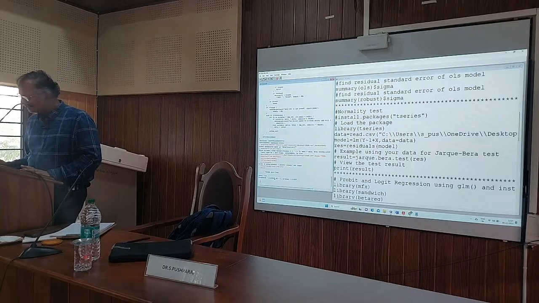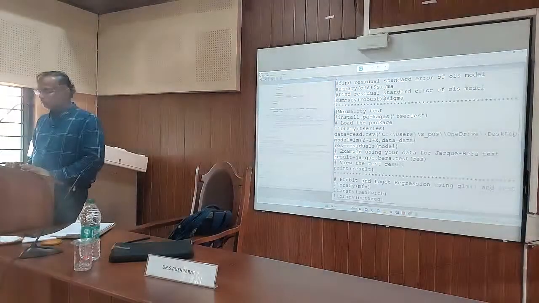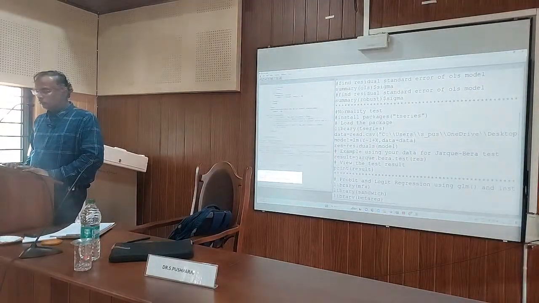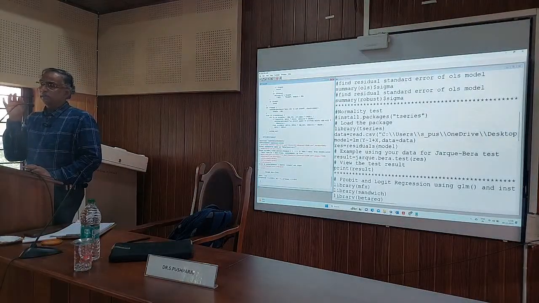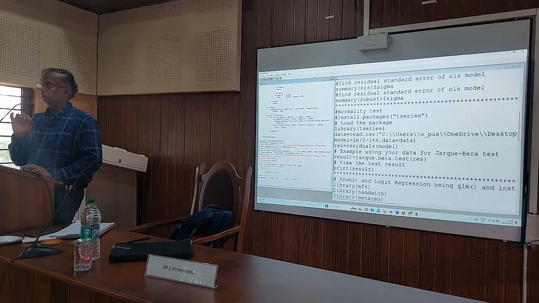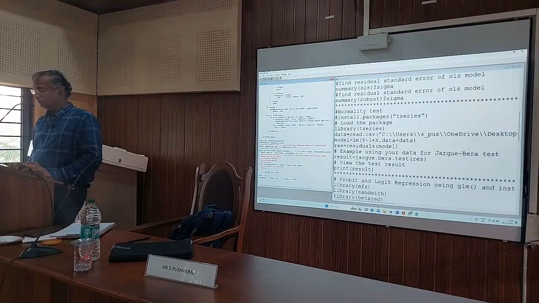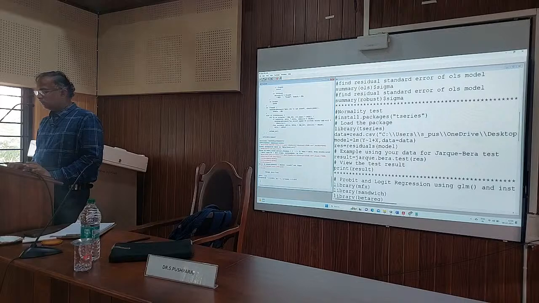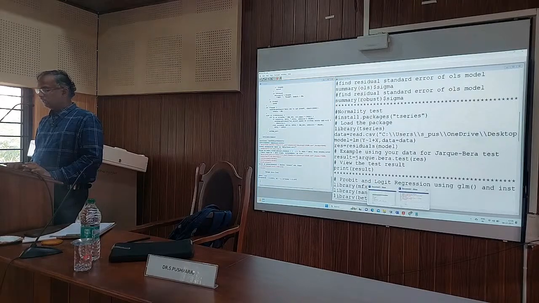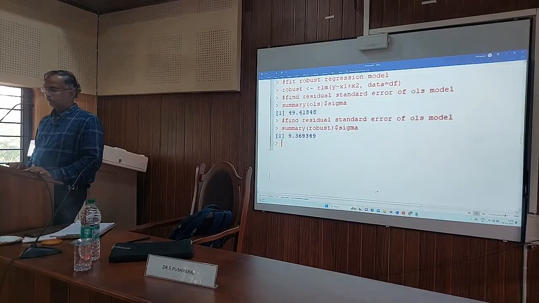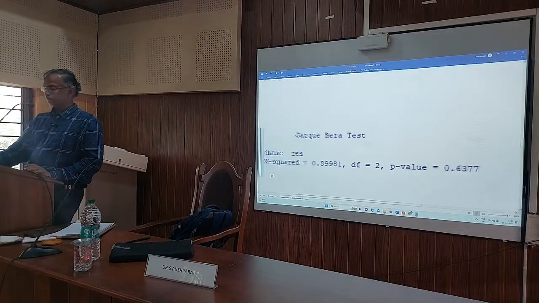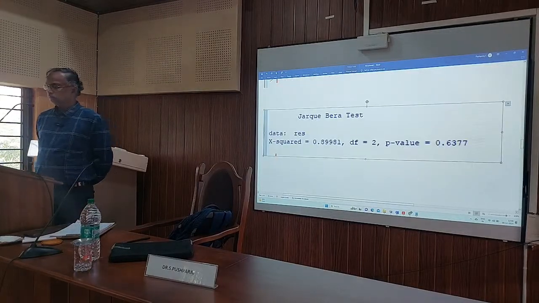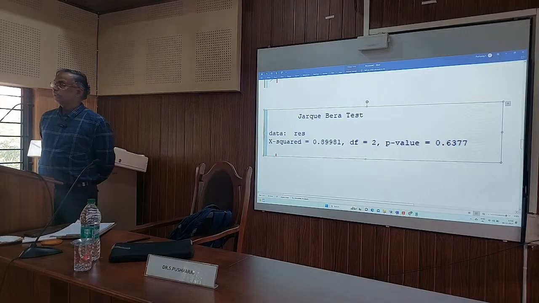I'll just show you the result. This consumption function is not actual data, it was generated data, so it must be nice data. You should have nice theoretical results. Just look at that. The residual is normal.